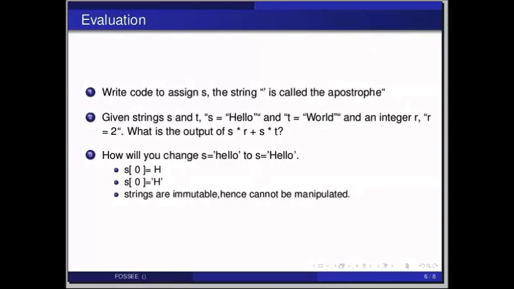And third one, how will you change s is equal to hello to s is equal to Hello with h in capitals? The options are: s of 0 is equal to h, s of 0 is equal to, in single quotes, 'H', and the third option is strings are immutable, hence cannot be manipulated.